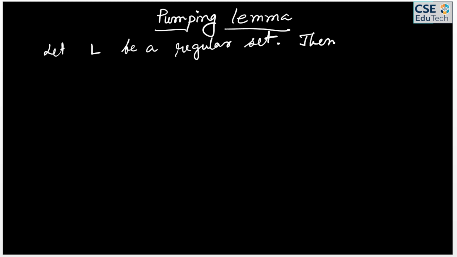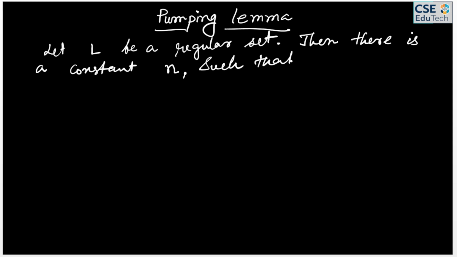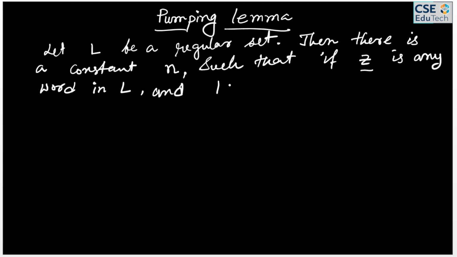Then there is a constant n such that if z is any word or any string in L, that means z is any string in this language L, and the length of this string is greater than n.